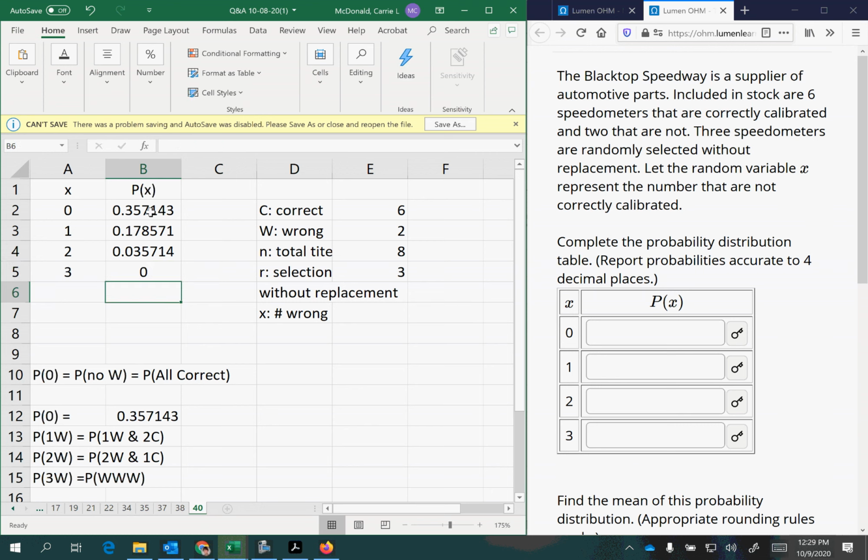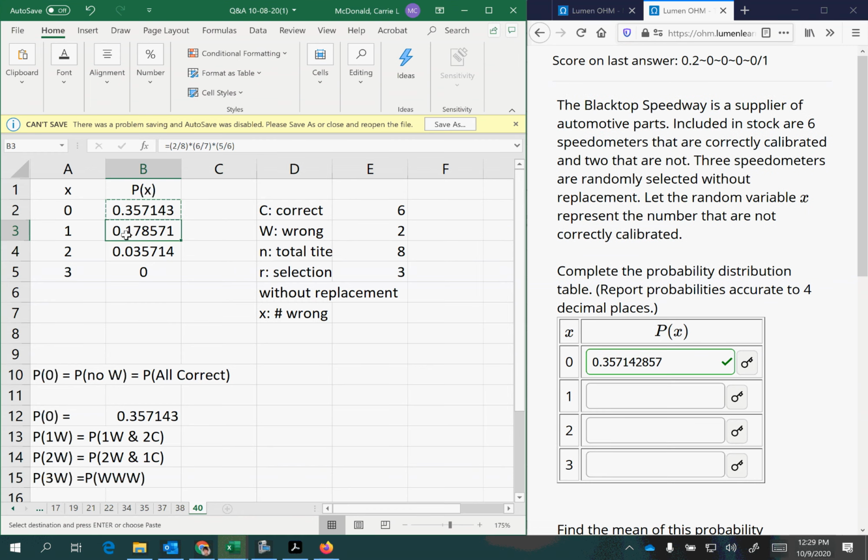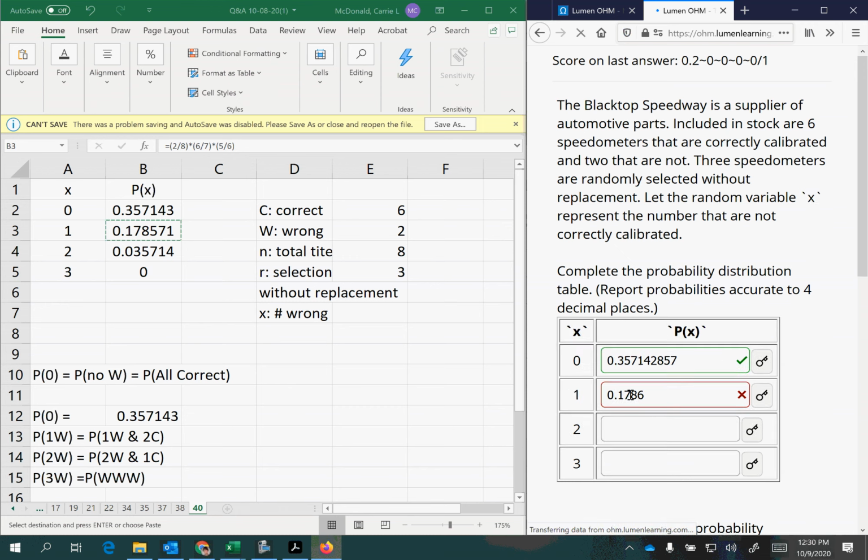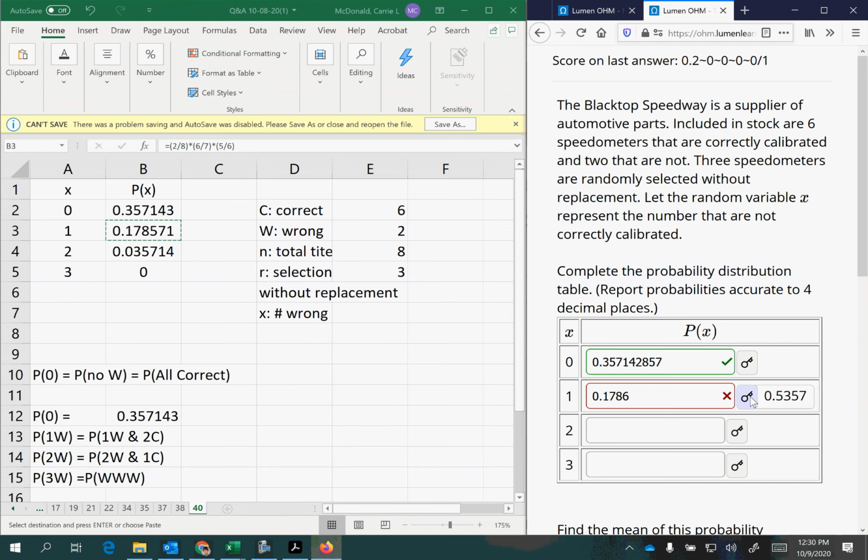All right, so now let's see what happens when we enter these in. Didn't like that, but the rounding rule is 4 decimal places. So let's see if that makes a difference. No, doesn't like that. Oh, I know why.